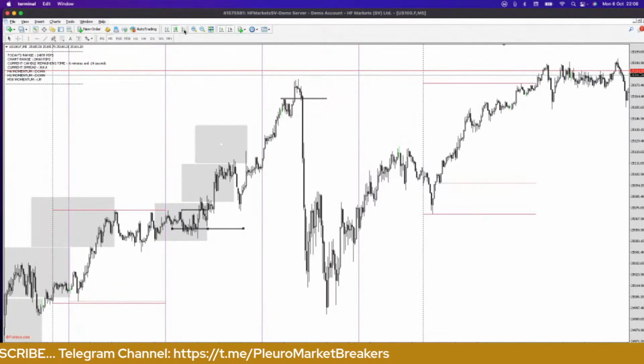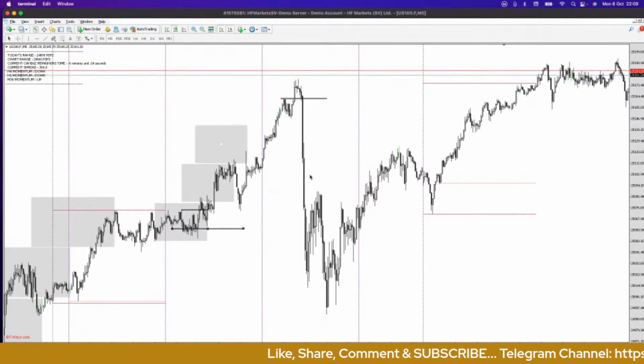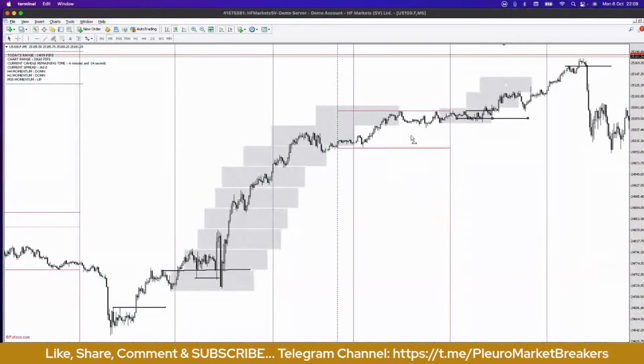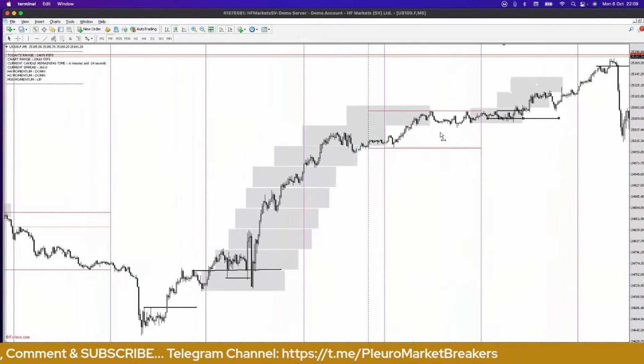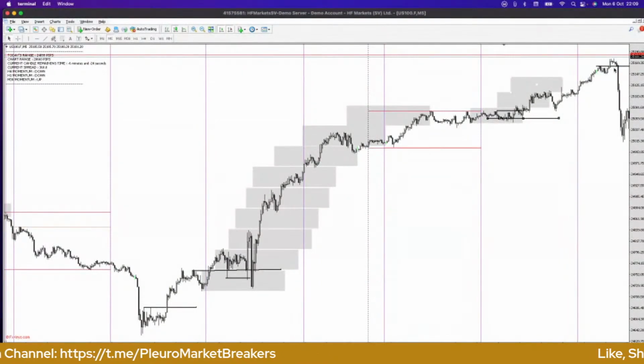Just let it go. Does that make sense? Let it go. Because it looks nice in hindsight, but could you really have trusted this was good? No, because you don't know. You're staring at your chart like this, right? That's what your chart's going to have looked like when you got there. You just see that.